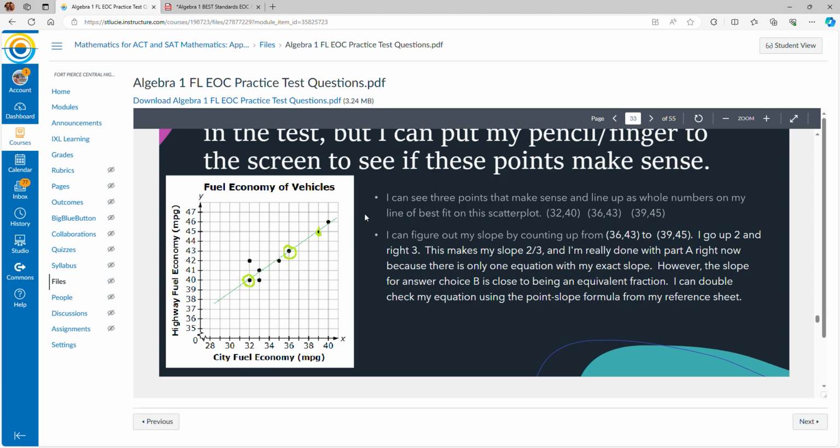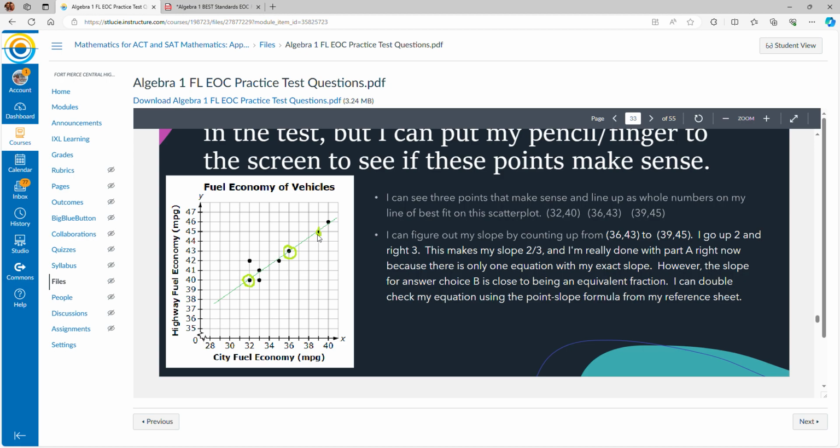I go up 2, 43, 44, 45, and I go right 3, 36, 37, 38, 39, up 2 over 3. So that makes my slope 2 over 3.